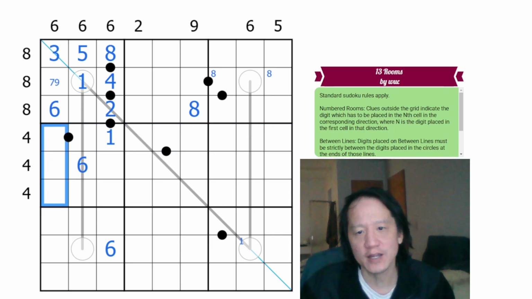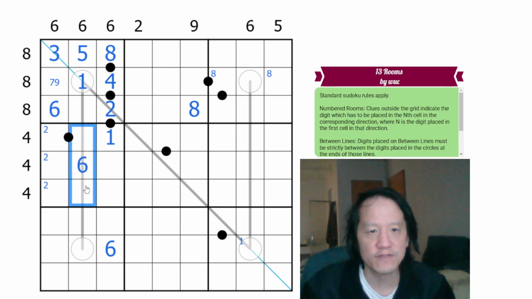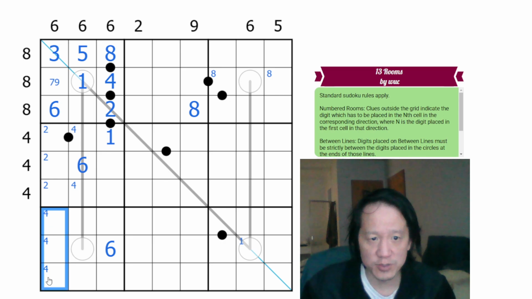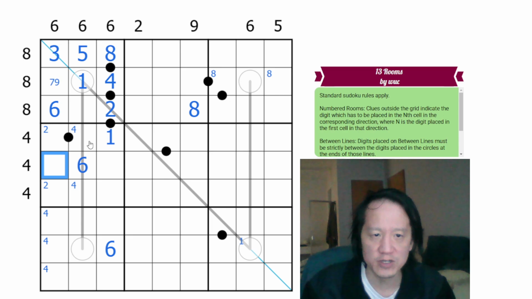So therefore, it has to have a 2, which means the 4 has to be in the second spot, which means the 4 is now in column 1, has to be in the third spot because it's either here or here. And this can't be 2, obviously, because there's 6 there. So 4 has to be one of these two, which makes 2 have to be one of these two.